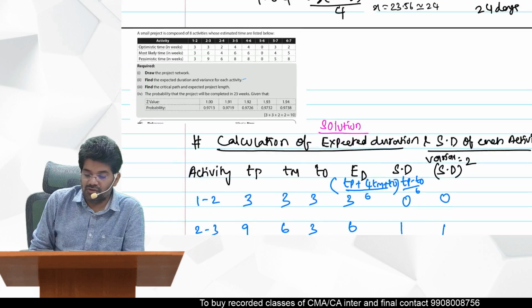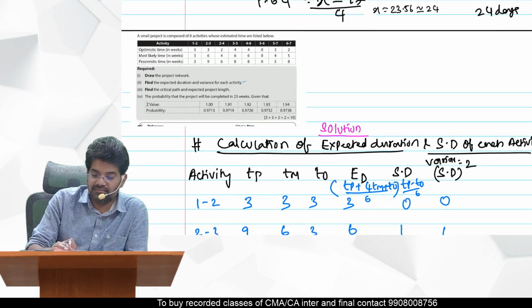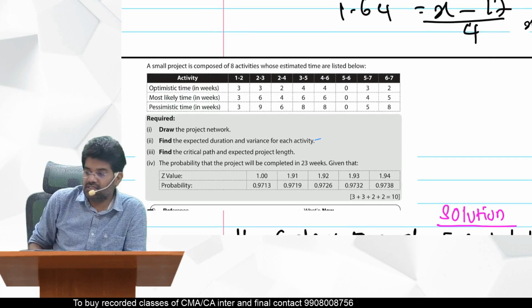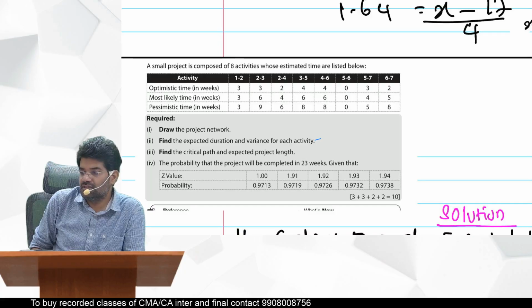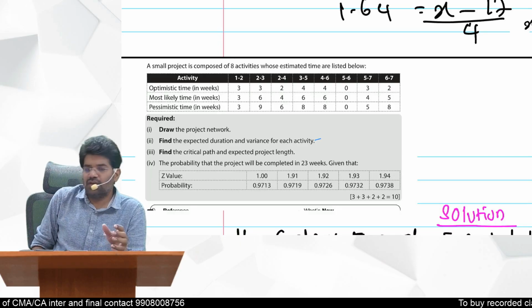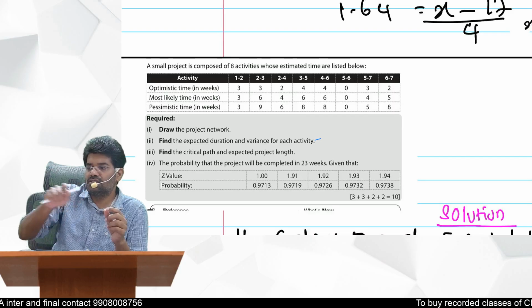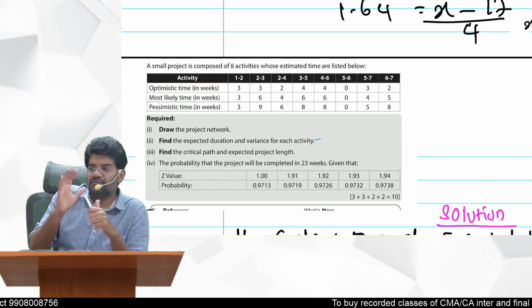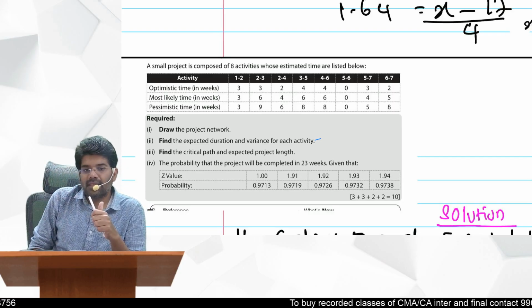Okay, so we have a question here. This is a past examination question. Using this question, you can understand the calculation procedure. Before that, I hope you understand this normal distribution table, which you use for calculating the probability.